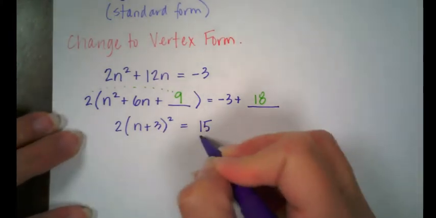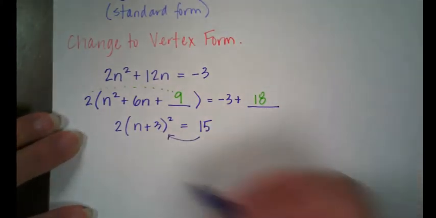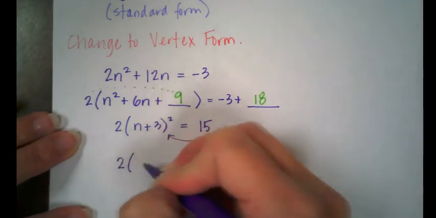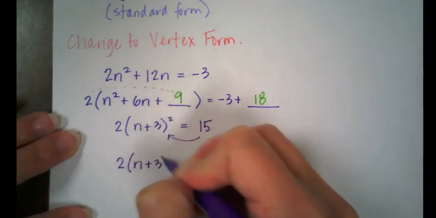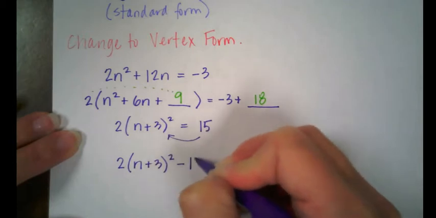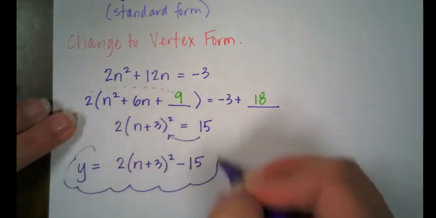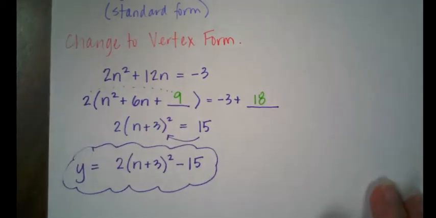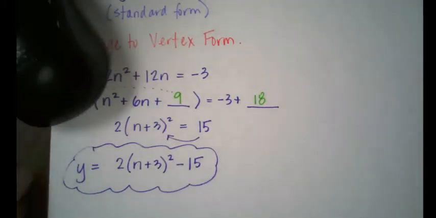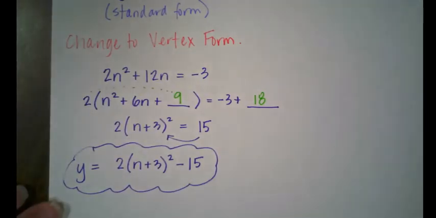So I'm going to bring this 15 back over to the side, so I will have 2 times n plus 3 squared minus 15, and now I have vertex form. If you need to pause the video so that you can absorb all that, please do.